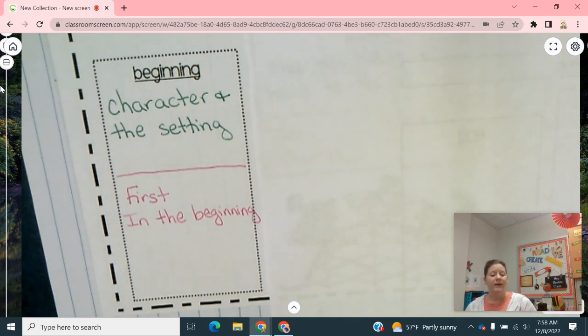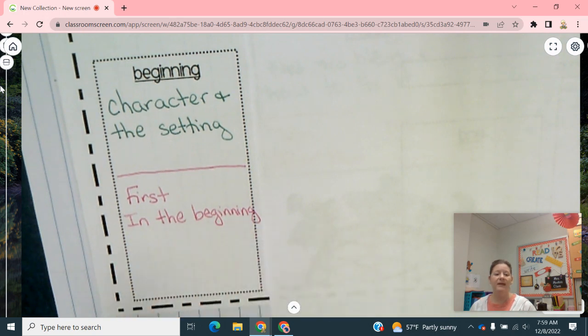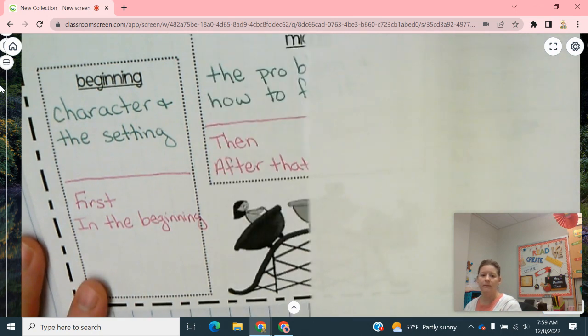When you're reading or when you're writing and you're talking about the beginning of the story, you're going to use transition words like first or in the beginning. This is going to let the reader know when these events are happening in the story.